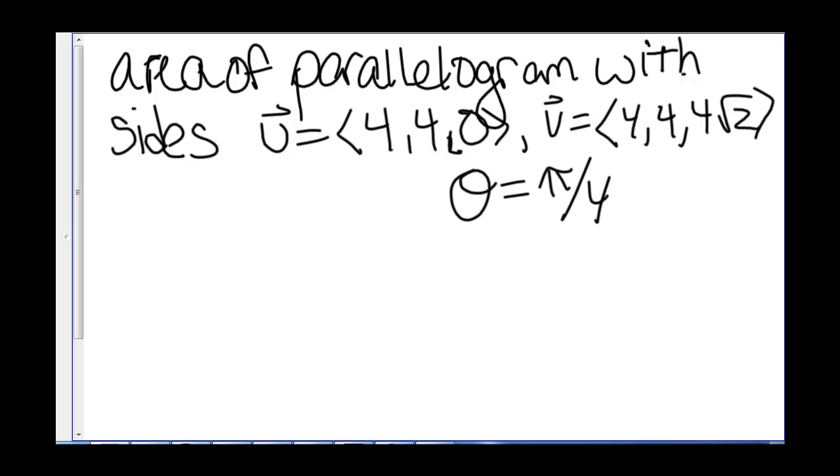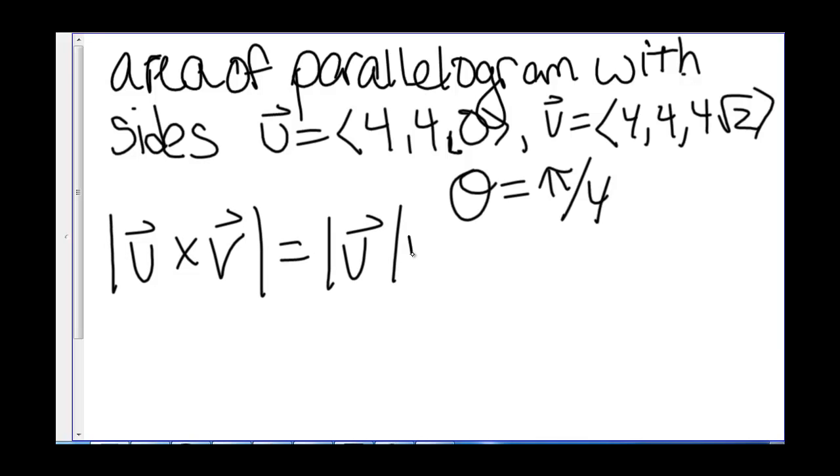So the area of our parallelogram is the magnitude of u cross v, which is the length of u times the length of v times sine of theta.